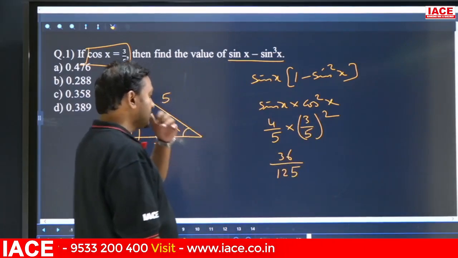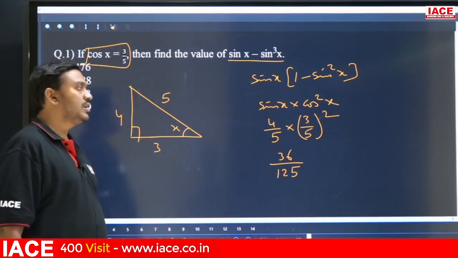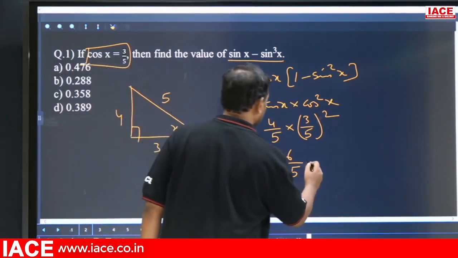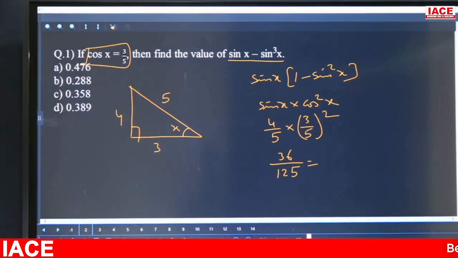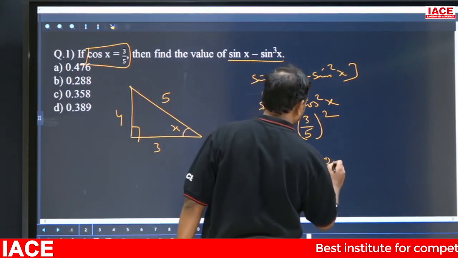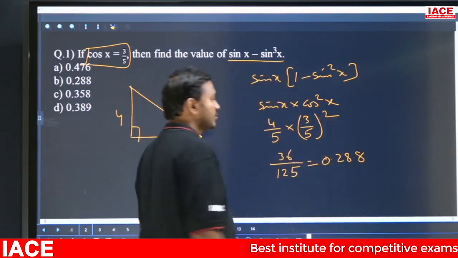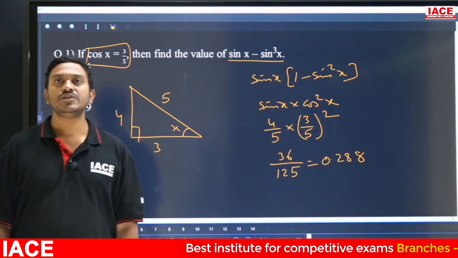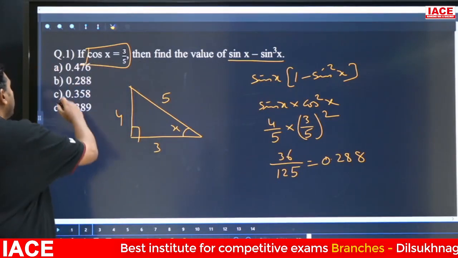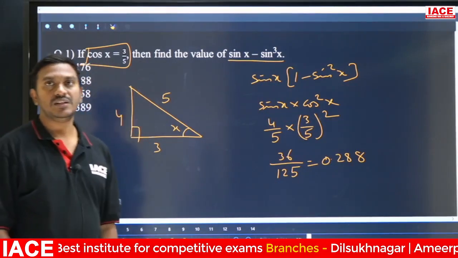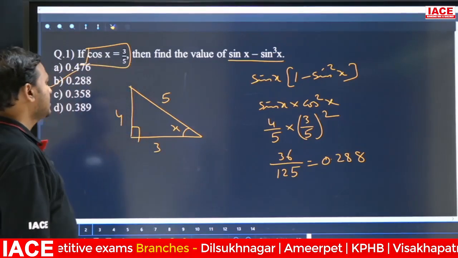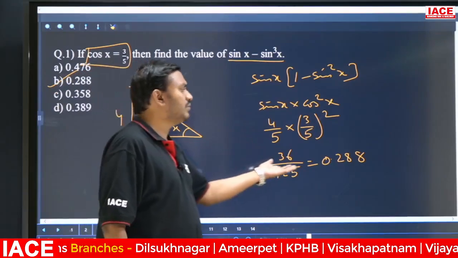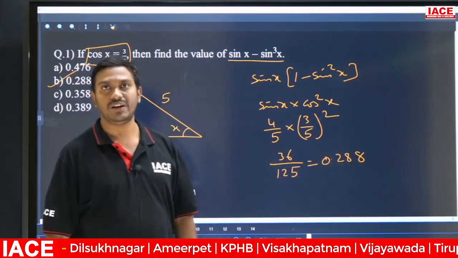We have to divide 36 by 125, which is 0.288. So option B is the right answer. Actually the fraction 36 by 125 is the answer, but it is given in decimals, so you have to divide.